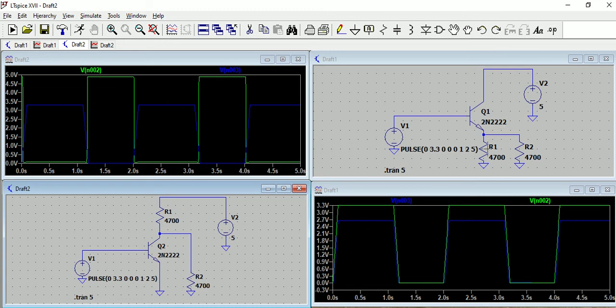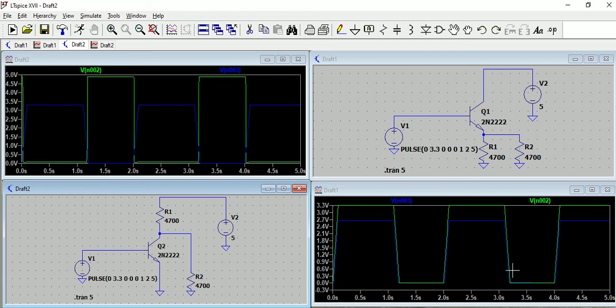Now you can see this pulse will drive this base, and then you will have the same waveform seen here. The green waveform is the input, and the output, the blue waveform at the resistor R2, is 3.3 minus approximately 0.6, which is 2.7 volt.